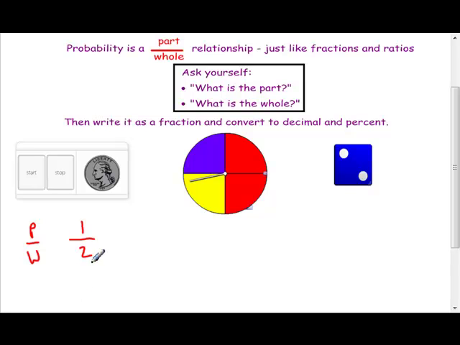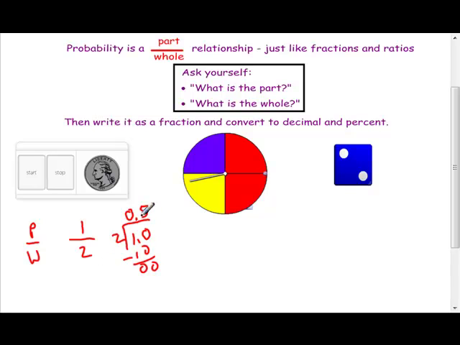Well, let's convert it to a decimal. The key to converting fractions to decimals is to divide. 1 divided by 2. 2 goes into 1 0 times. Write our decimals down. 2 goes into 10 5 times, and we see that we're done here.